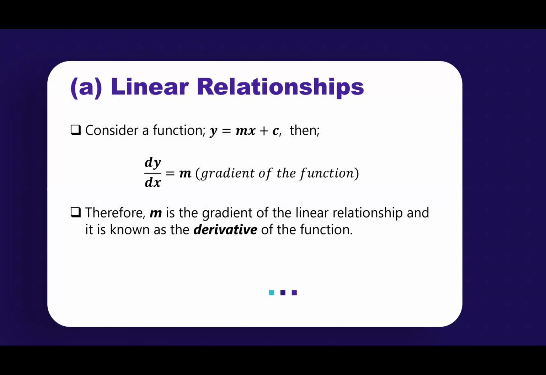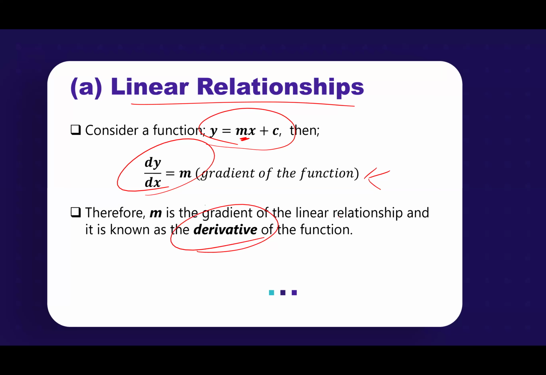So for linear relationships, a line like y is equal to mx plus c, dy dx will be the m, which is the constant. And if we do it like this, what we get is what we call the first derivative.